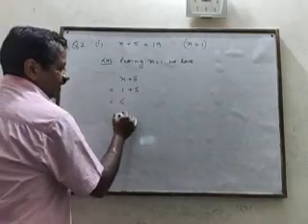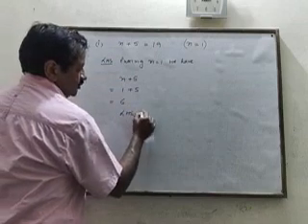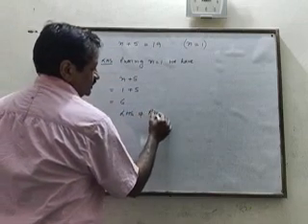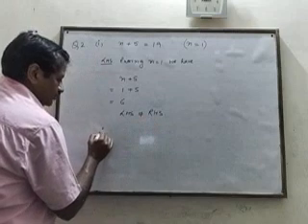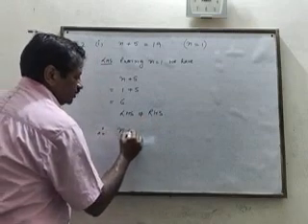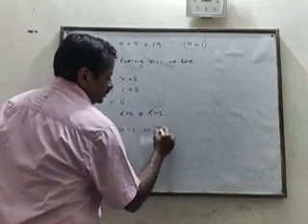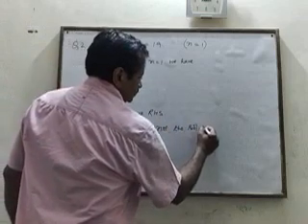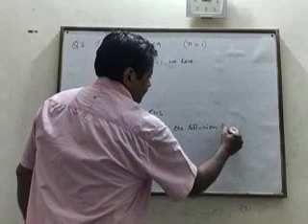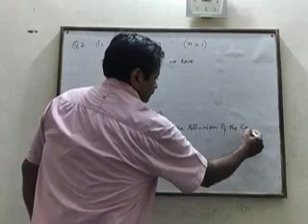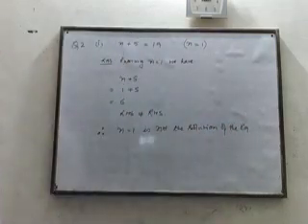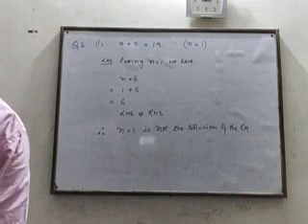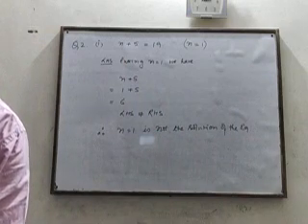So left hand side is not equal to right hand side. Therefore, n equal to 1 is not the solution of the equation. Similarly, the other parts we will do in the same way.